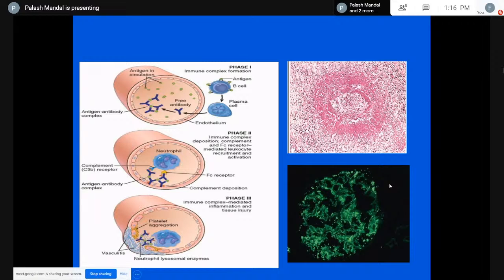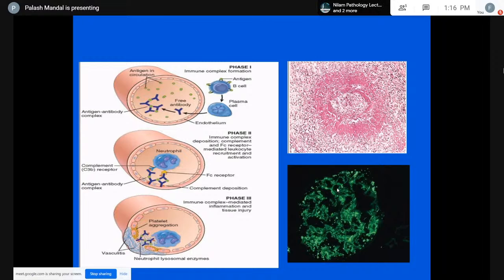Okay, so this is a picture which is again taken from a glomerulus of a kidney. This is called an immunofluorescence image. So there is an immunofluorescence microscope. Some immunofluorescent reagents have been used, and this particular thing shows the deposition of IgG in the immune complex.